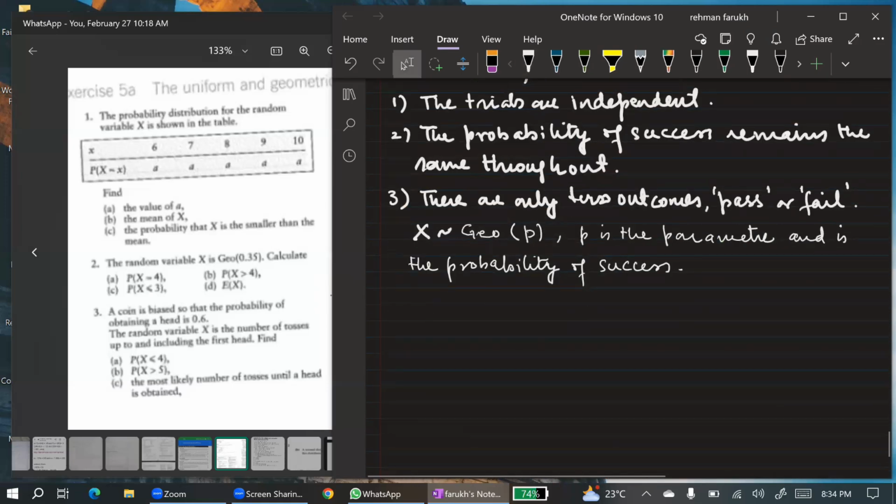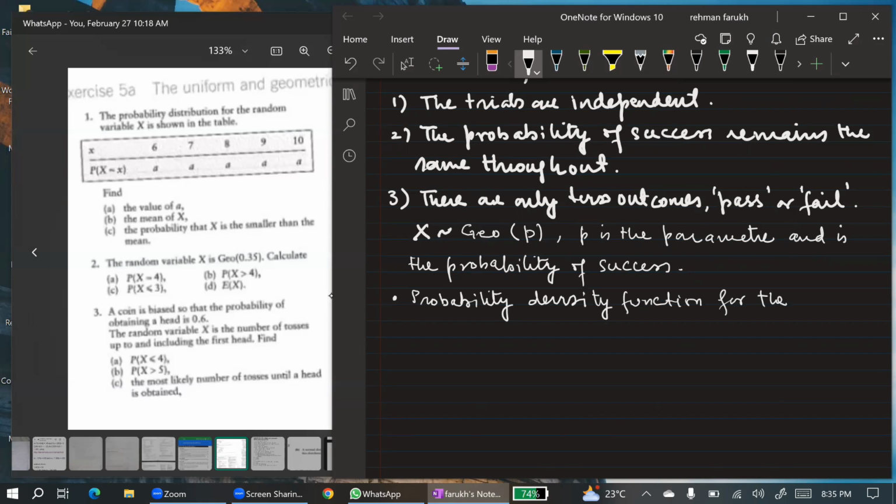Now, the probability density function for the geometric distribution is: probability of X equal to r is equal to q power.